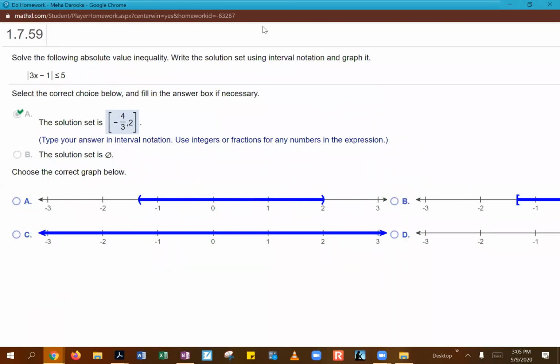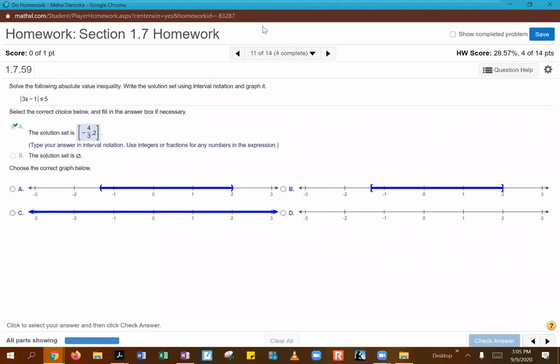And again, which one is it? A, B, C, or D? Alicia, B, Lowell, Nathan. Yeah, because that's the only one where they have brackets on both ends.